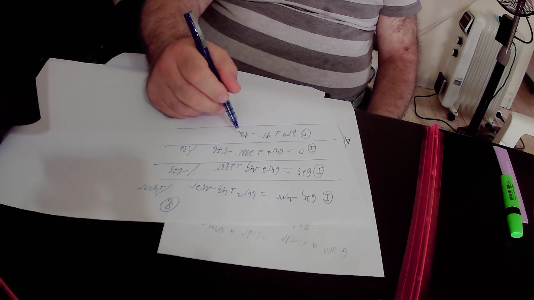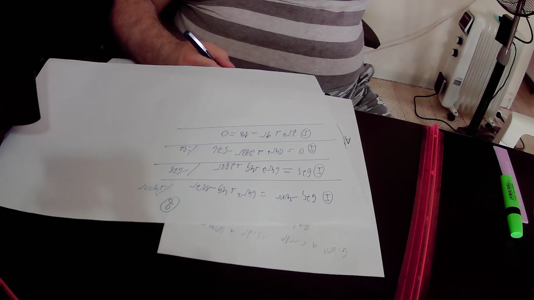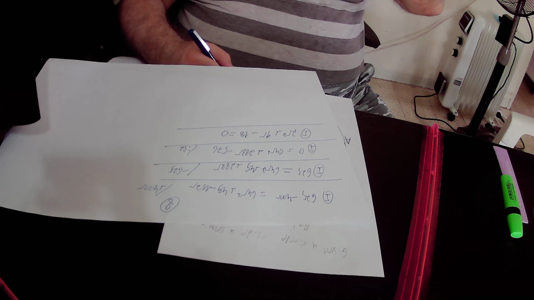Here 0 over 32 equals 0. So in conclusion, we got the quadratic equation 2r squared plus 9r minus 18 equals 0.